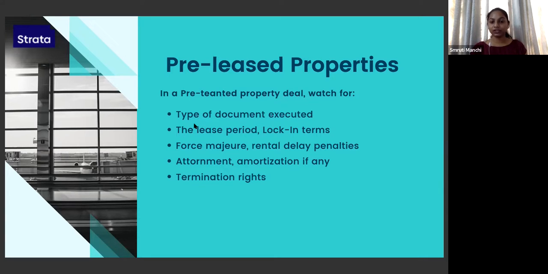If you have 15 days and you have to renovate a section of the property, that would not be practically viable. So you will have to look at these provisions and maybe renegotiate where possible, to make sure that you're getting into the best scenario here.